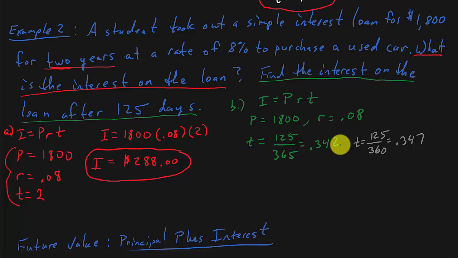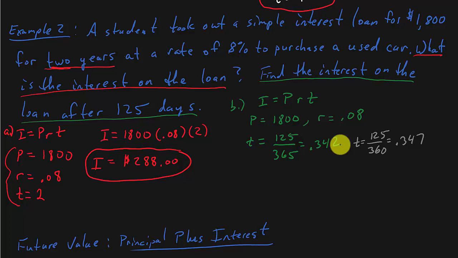So I'm going to work this both ways. Now, if the problem gives you the time in days and doesn't say anything about what to use for how many days in a year, use 365. Sometimes the problem will say use 360 days in a year. Sometimes it'll say use 365 days for a year.